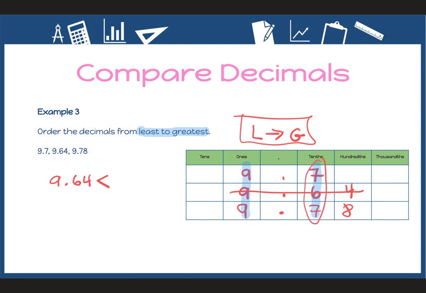So we look at this place value, and we know that 8 is greater than 0. So this number is going to be next, because we are looking for least to greatest. We're going to have 9.7, and this is less than 9.78. This is how you order decimals from least to greatest.